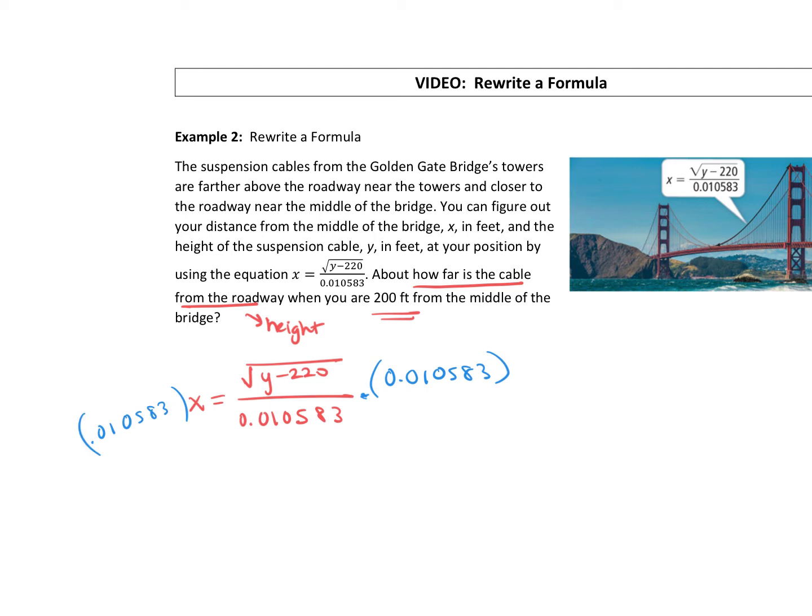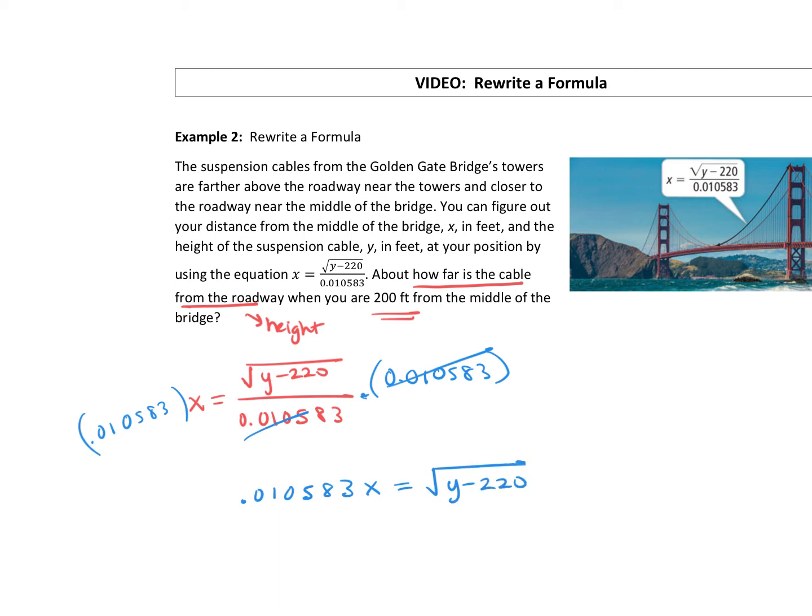Right now we have on the left side of our equation 0.010583 times x is equal to, those decimals cancel on the right, leaving us with the square root of y minus 220.